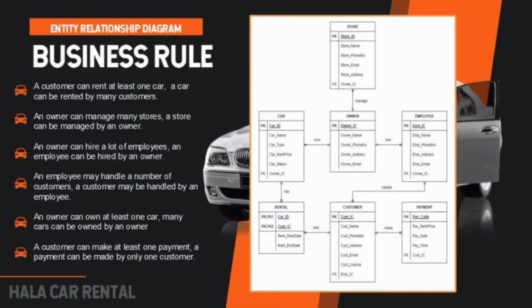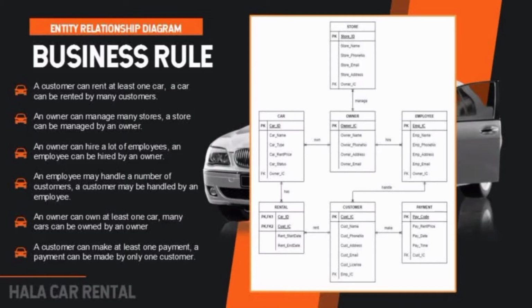For the employee, the primary key is employee IC, with employee name, employee phone number, employee address, employee email, and the foreign key is owner IC. For the customer, the primary key is cust IC, with cust name, cust phone number, cust address, cust email, cust license.